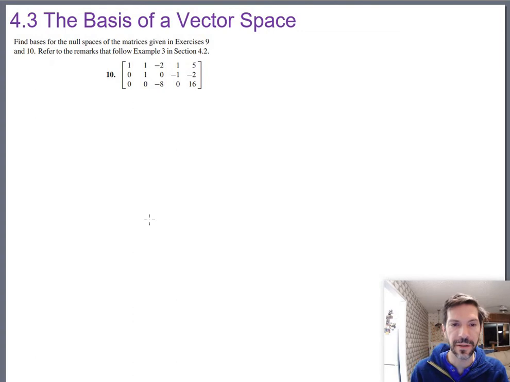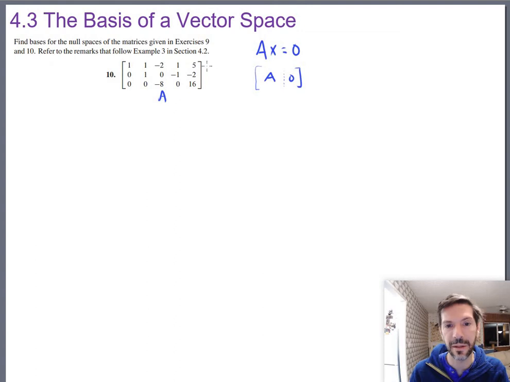So when we're finding the null space for a matrix A, let me just call this A, keep in mind what we are trying to find are the vectors that solve Ax equals 0. The basic way that we do that is we make an augmented matrix, row reduce, and solve.